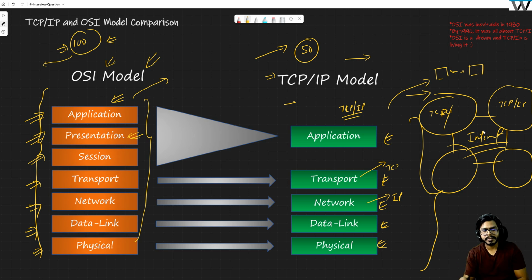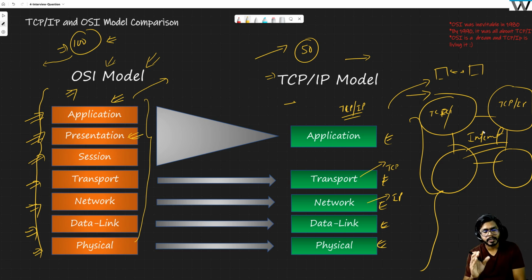But on the other hand, the OSI model was incomplete in terms of a few protocols. It was slow, it was costly, so you can understand why TCP/IP is all over. But if I may say, the OSI model has a pretty structured approach towards solving the problem of how two computers talk, right?